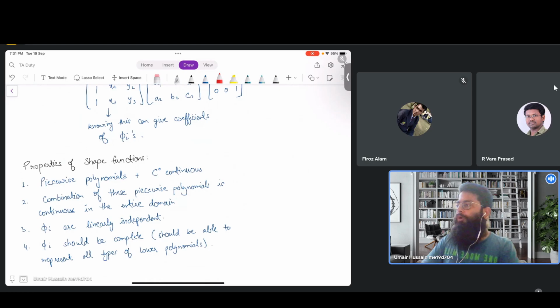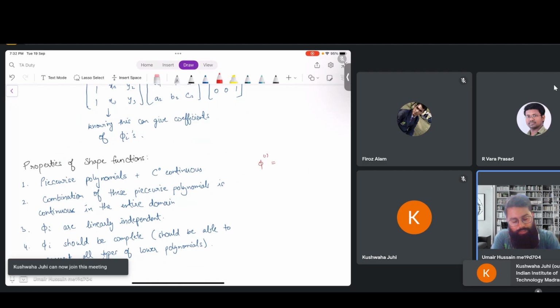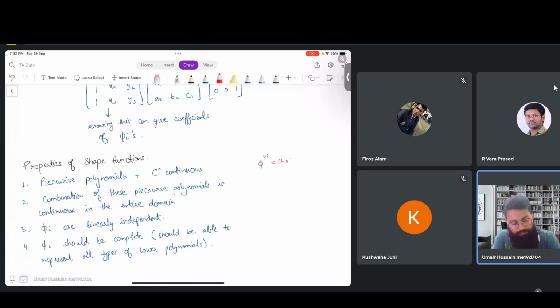A complete polynomial means that if it's a first order polynomial, it should have all the terms up to order 1, down to order 0. So a first order polynomial should have zero order terms, so we can write p0, and then it should have first order terms.